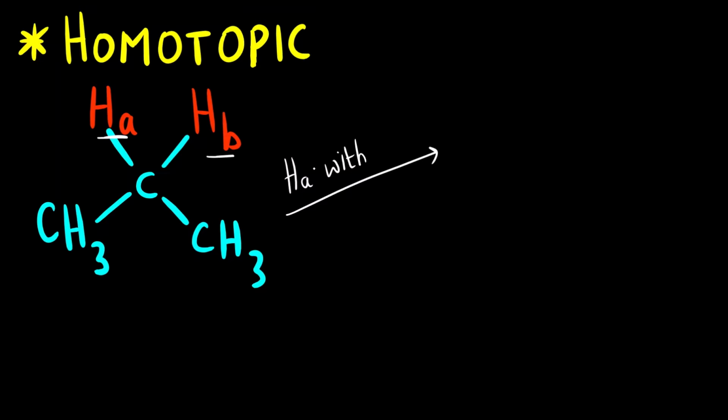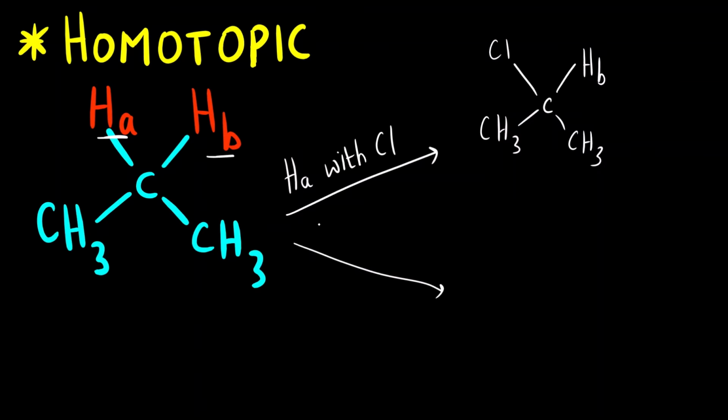So first, replacing HA with some group, let's say Cl. What I will get is CH3, C, CH3, with HA replaced by Cl, and HB kept as it is. The next step is replacing HB with Cl.